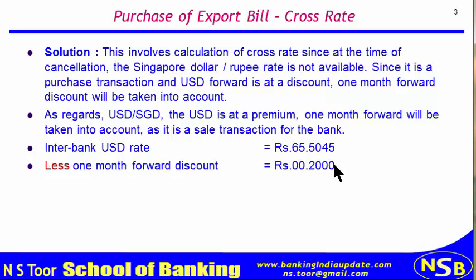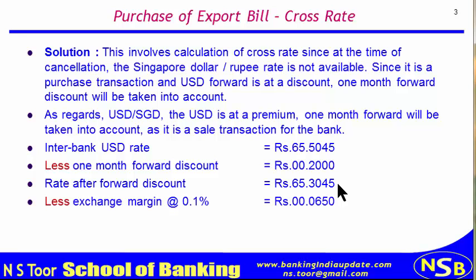So this is the 1 month discount, and this is the rate after discount, 65.3045. Now we have to take into consideration the exchange margin. Exchange margin is 0.10%. Hence, it is this.